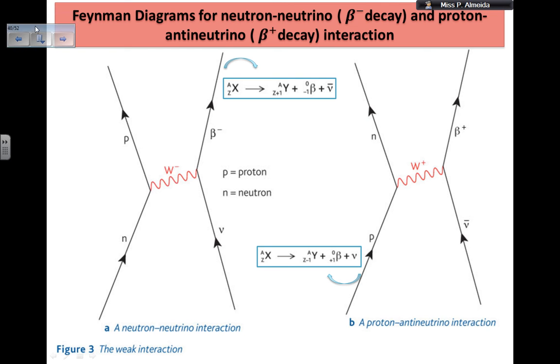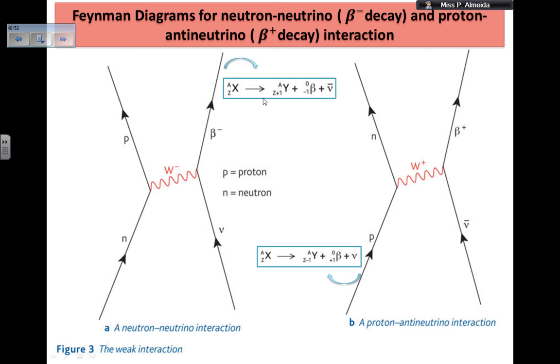So Feynman diagrams for these interactions. I have here my beta decay and my positron emission. In terms of Feynman language, I can say that my beta decay is a neutron-neutrino interaction, because my neutron is going to interact with my neutrino, making my neutron go into a proton, look at the diagram, and then a beta particle is emitted.